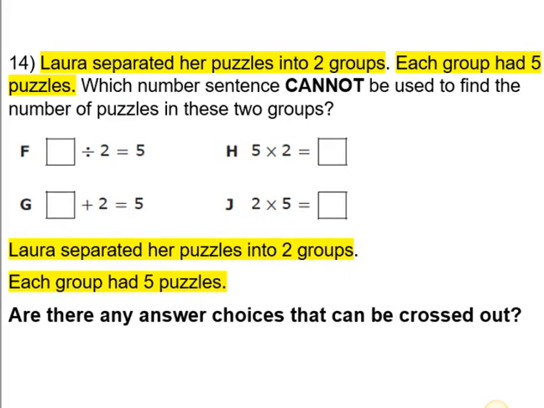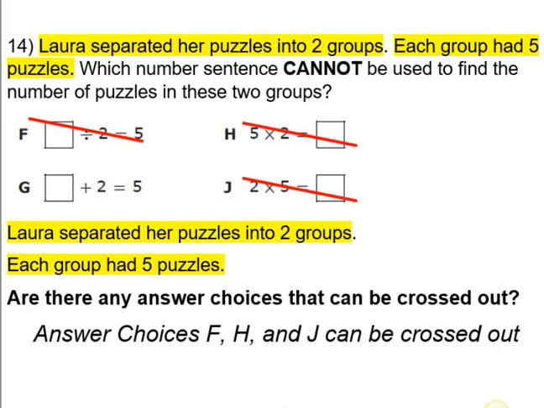Based on this information, are there any answer choices that we can cross out? So in crossing them out, that means that these are the number sentences that we can use in order to find out the number of puzzles in the 2 groups, okay? Or if you know the correct answer, go ahead and circle it.